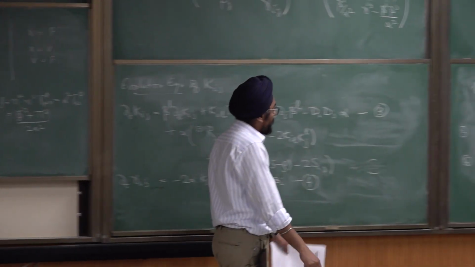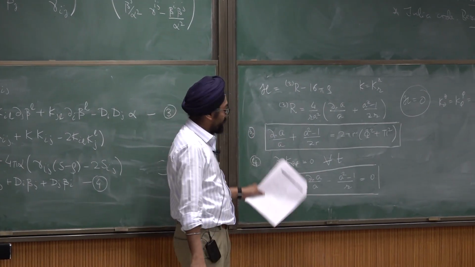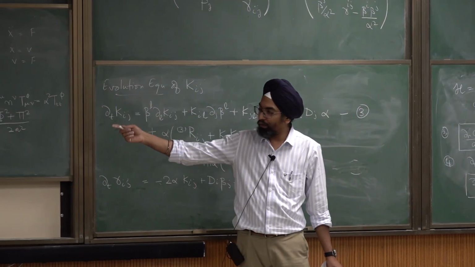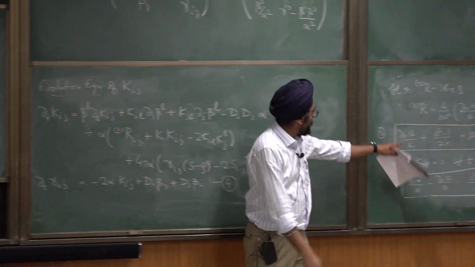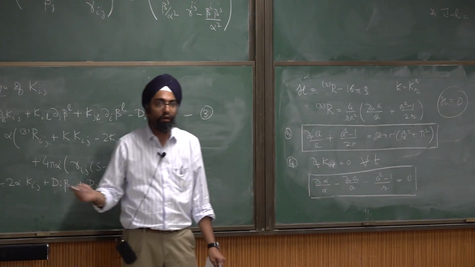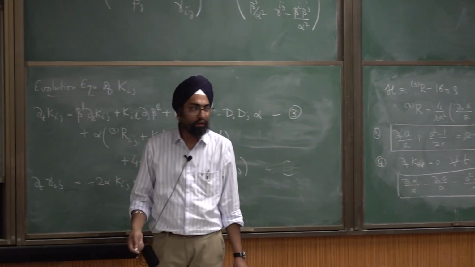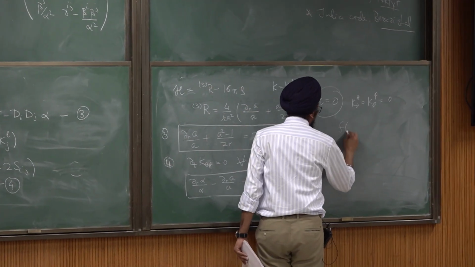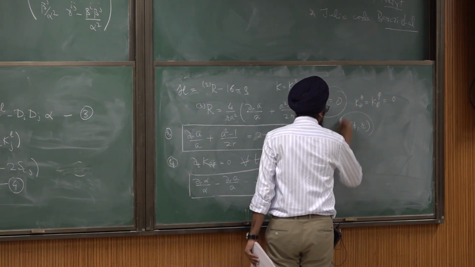But for these two equations, you have four functions essentially. You have capital phi, capital pi, a and alpha. All four functions need to be evolved simultaneously, and all of them are functions of t and r.